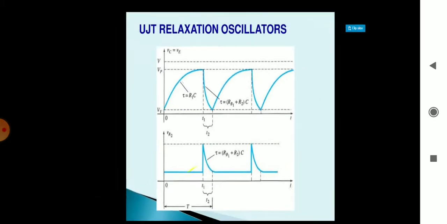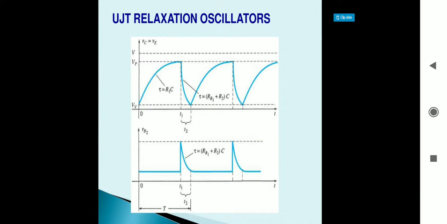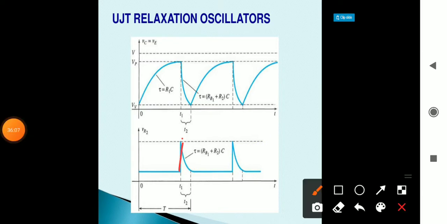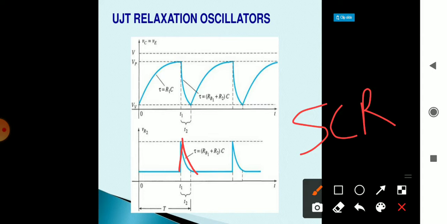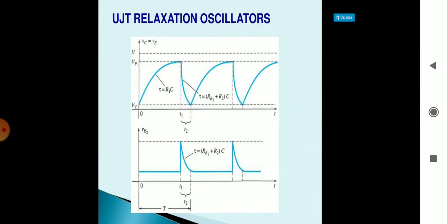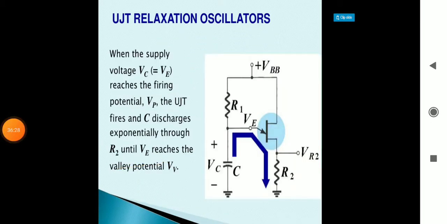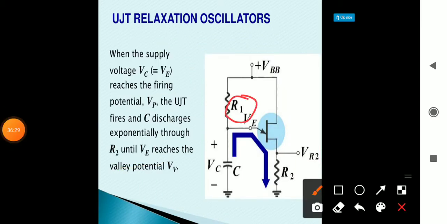How can we use these triggering pulses? Whatever the pulse where the UJT is on, if I supply these triggering pulses to the SCR, then the SCR will trigger, the SCR will turn on. Now I can vary these triggering pulses by varying the value of R1 and R2. If I vary the value of R1, I can vary the charging time period of the capacitor.